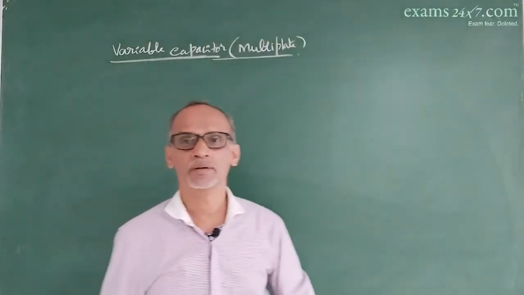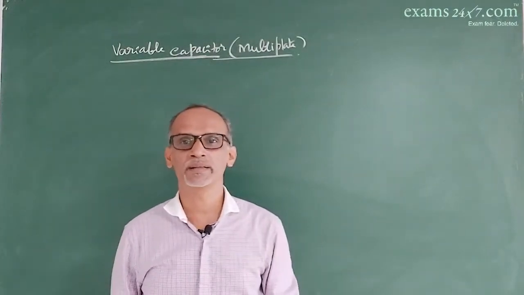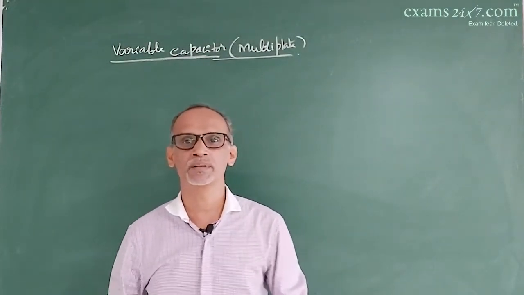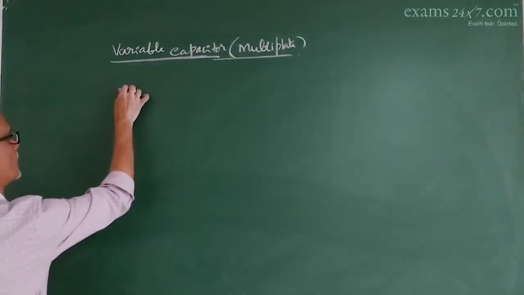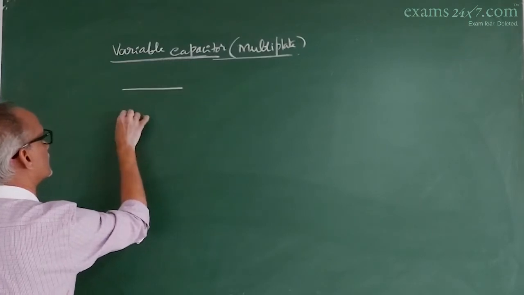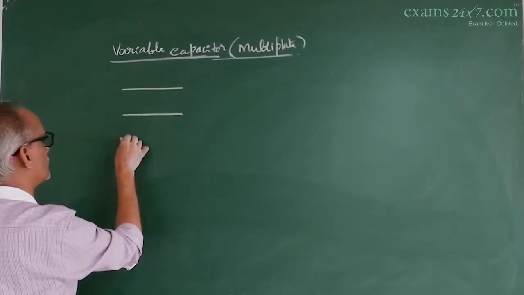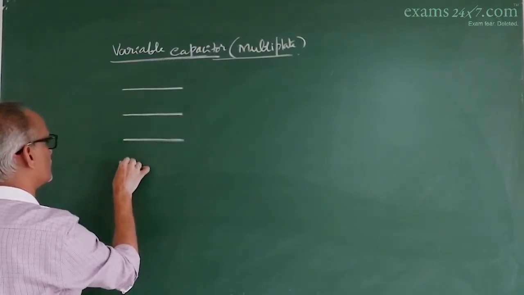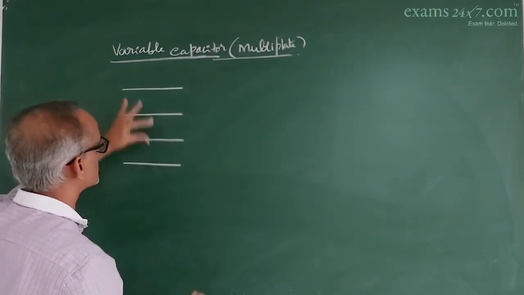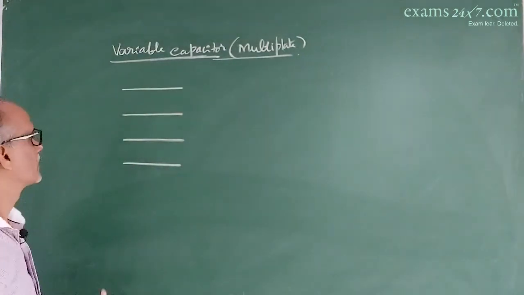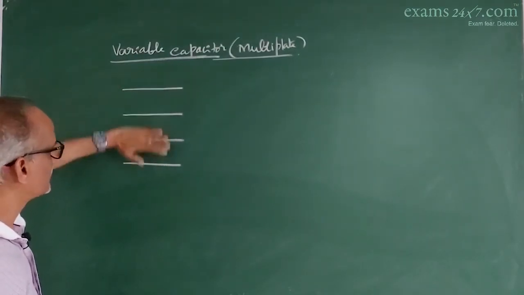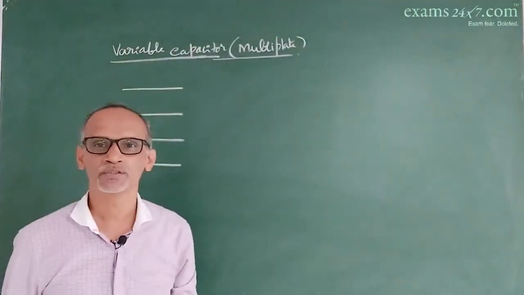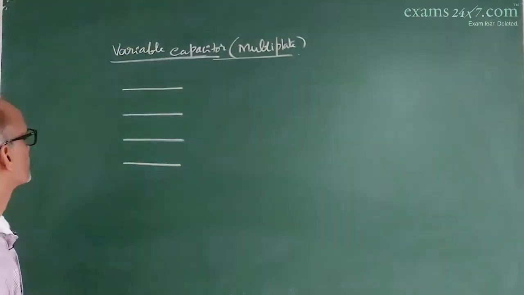Capacitors are even made up of a number of plates, called a multi-plate capacitor, or also called a variable capacitor. In a multi-plate capacitor, we find identical plates which are arranged with equal separation between them, and even if there is a dielectric, you find the same dielectric between every two plates.